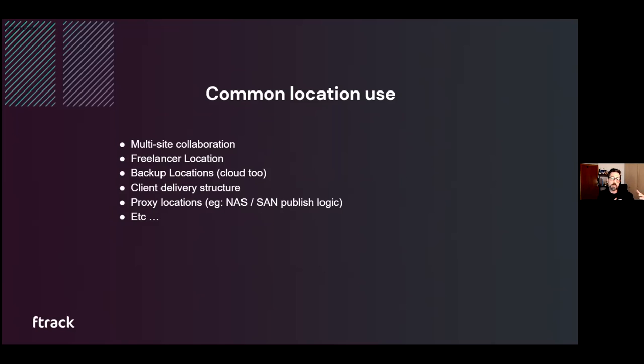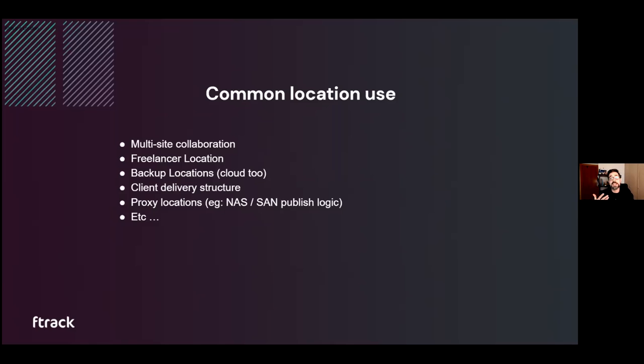In Ftrack, what you can actually do, and might want to do, is to create a structure for your delivery. So your client will have their own structure, and when you transfer the file to their location, it will simply get named correctly for your client. And that could be accessible, for example, as an FTP location where you upload the files for your client.